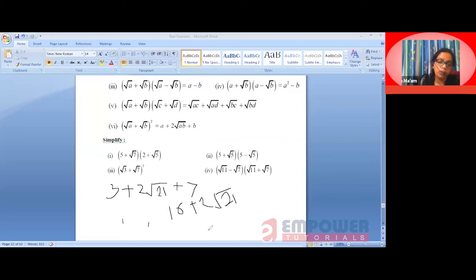And if you want, you can take 2 common between this. So this will be 5 plus root 21 times 2. So either this will be your final answer or you can take this as your final answer. Okay? So this is how you have to solve.